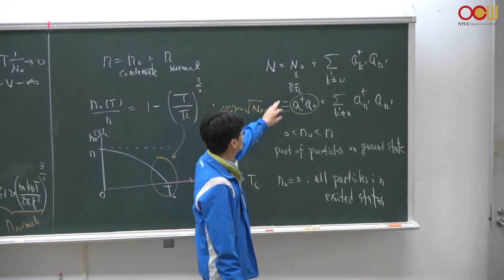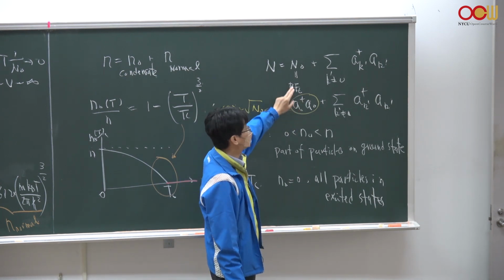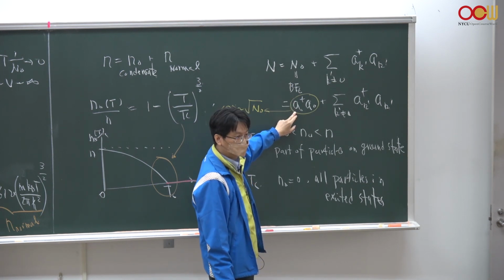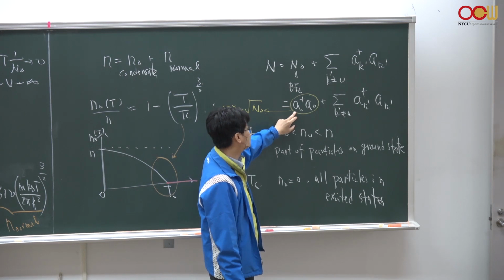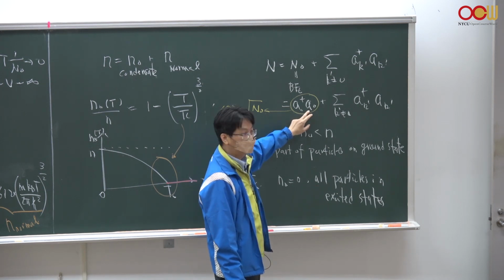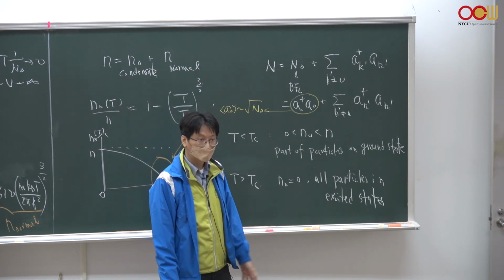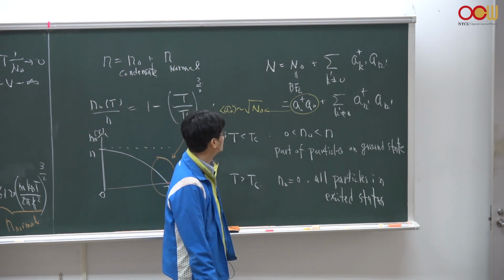Okay, but the condensate part could also be re-expressed in terms of the boson number operator A0 dagger A0, where A0 refers to the destruction operator of a boson in the condensate part.